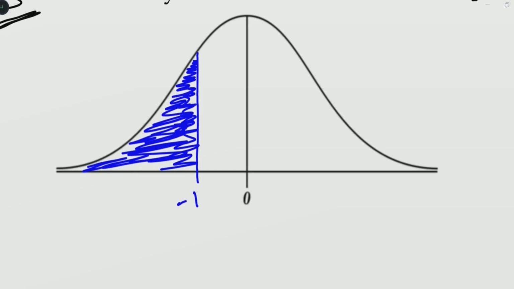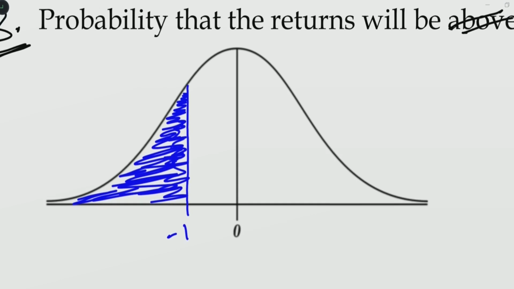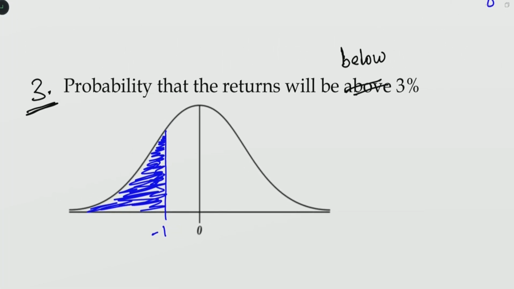If we want this probability, we can find the area from 0 to minus 1 and then subtract that from 0.5, which is the whole half area. The red area I am marking over here is not your requirement, but through the Z table you will be able to find that area first.